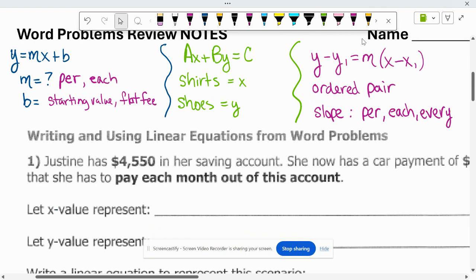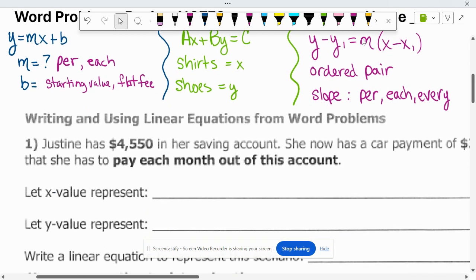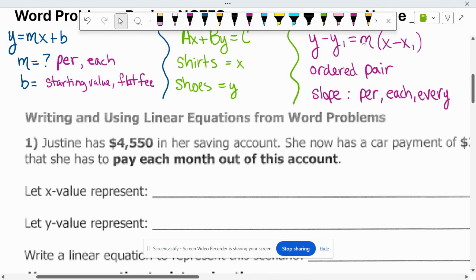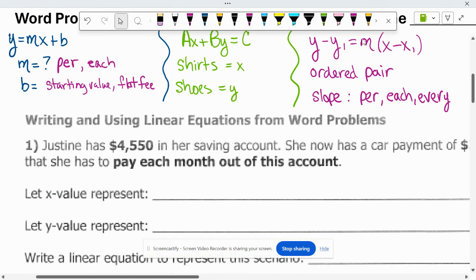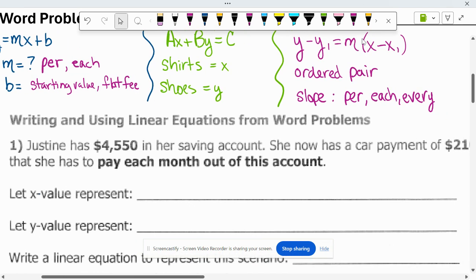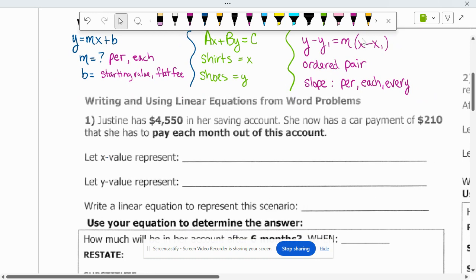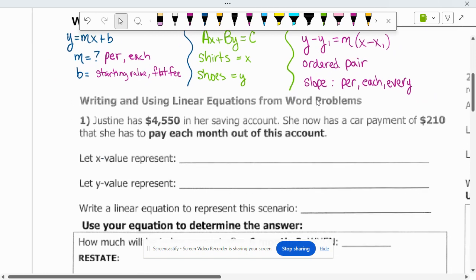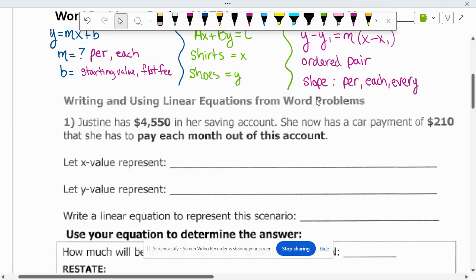So our first example, Justine has $4,500 in her savings account. She now has a car payment of $210 that she has to pay each month out of this account. So we have to identify what our variables mean.